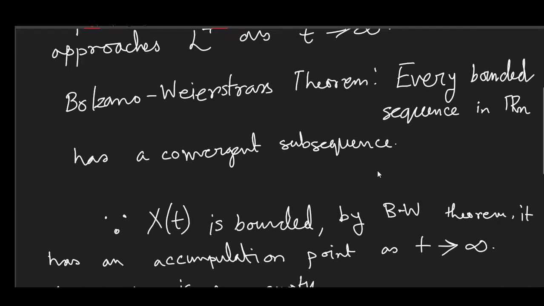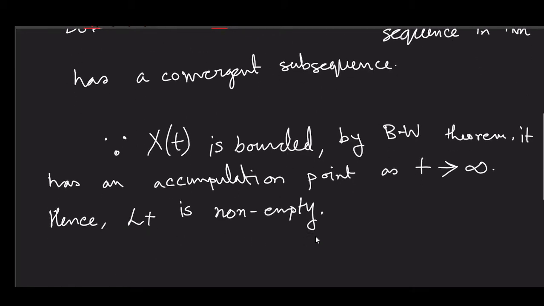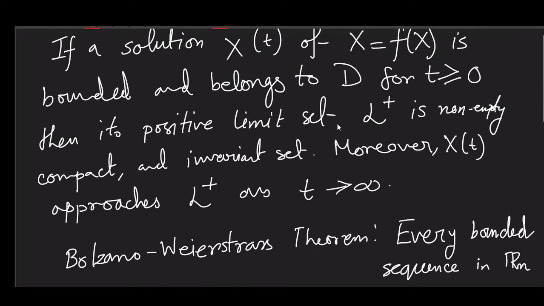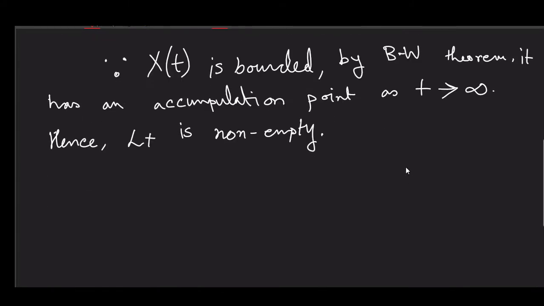So if that has a convergent subsequence, towards the tail you will have that convergent one, and by that you can say that your L plus is non-empty, because that is the point P where the solution x(t) will try to converge, right? Now what we can say is that L plus is non-empty.